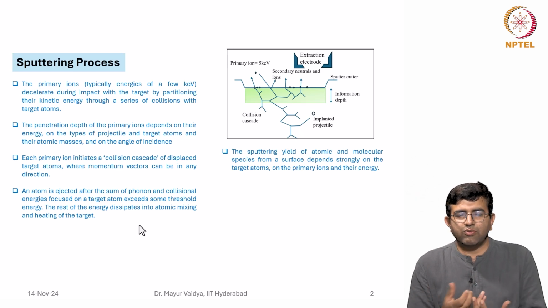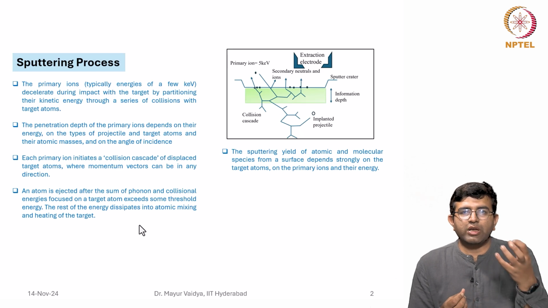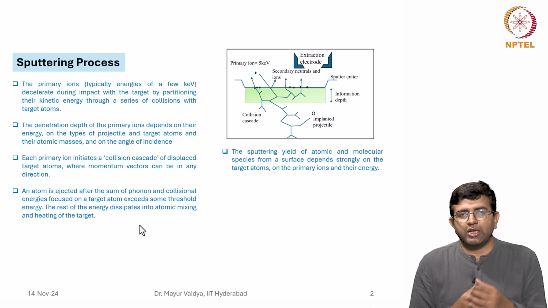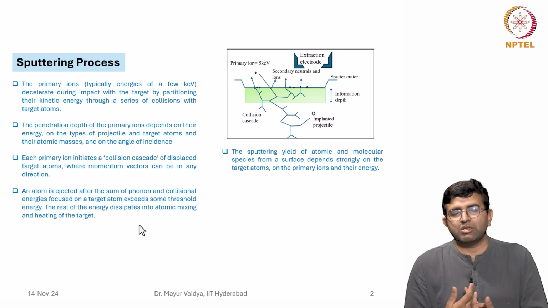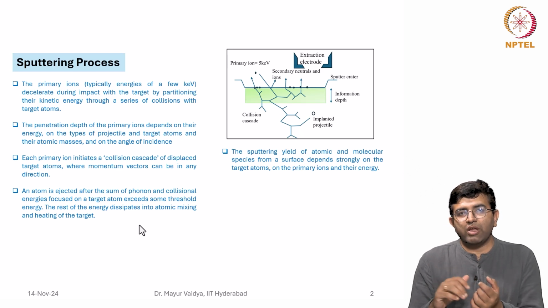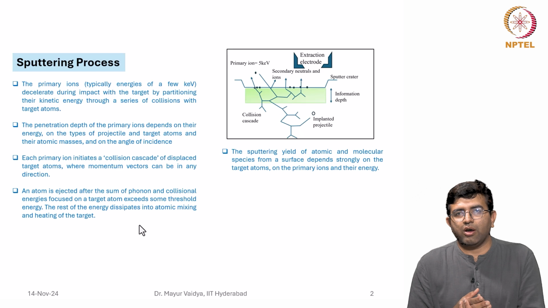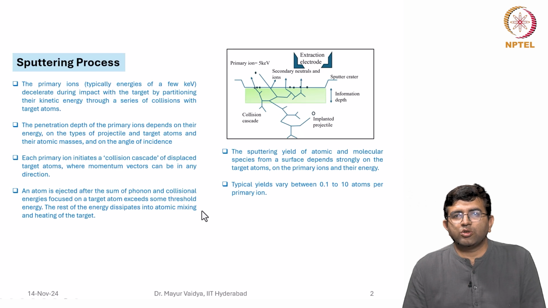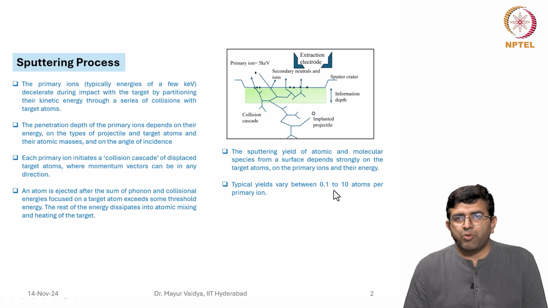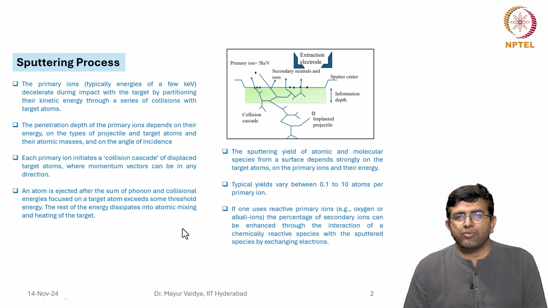It is intuitively easy to understand that if you have a beam of very low energy impinging on your target, there will be very few atoms sputtering out, or sometimes none. But if you have a very high energy ion beam, it will eject more atoms from the surface. The yield typically varies between 0.1 to 10 atoms per primary ion.